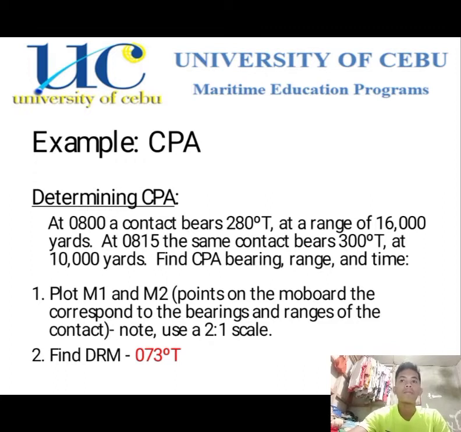So plot M1 and M2 points on the board that correspond to the bearings and range of the contact. So note, we have to use the 2 by 1 scale. So find the DRM, which is the 0.73 degrees true.